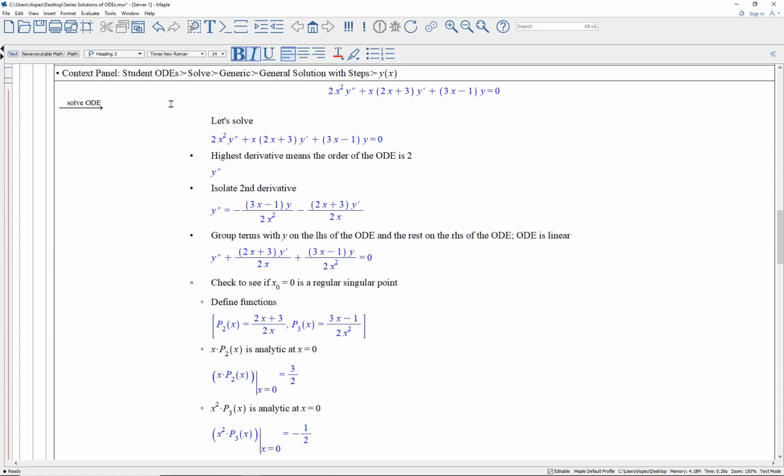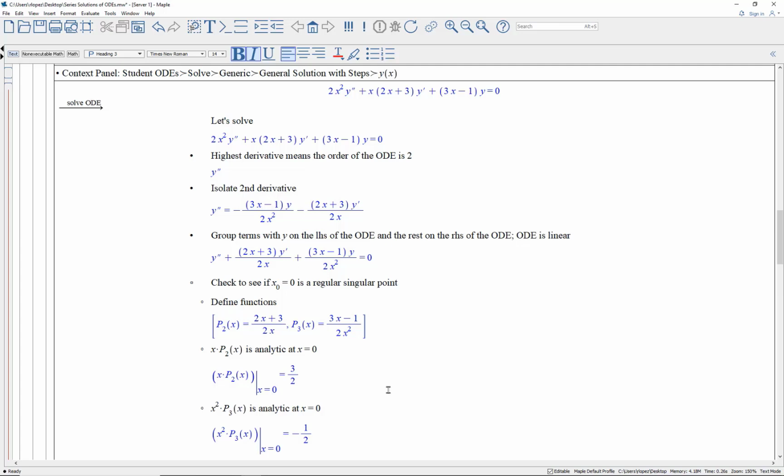this Student ODEs package has added stepwise solutions. So using the context panel, you can follow solve. This is the path, generic general solution with steps. Click on this differential equation, and you get a stepwise solution, much like we have been going through by hand, techniques displayed in Maple so far.